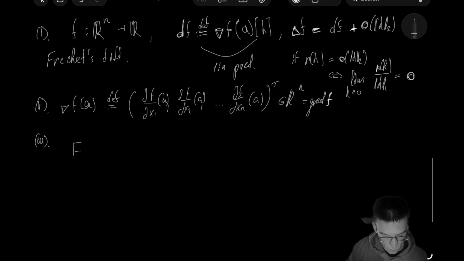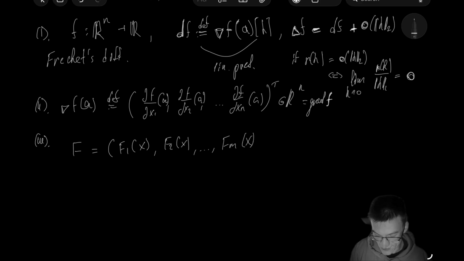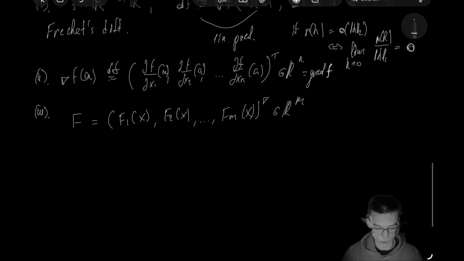Now for f, which consists of the results f1 of x, by definition f2 of x, until fm of x, transpose, which belongs to Rm over the real field. This is f of x, right?